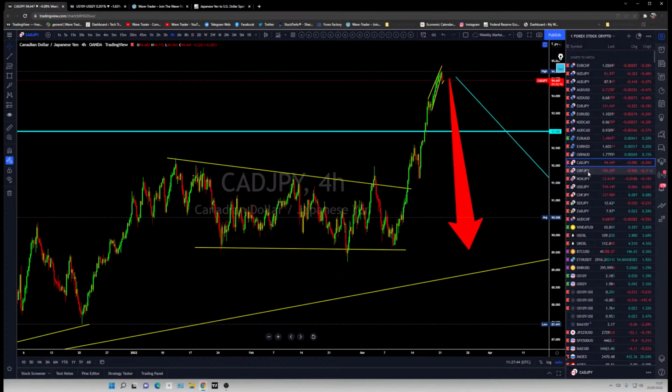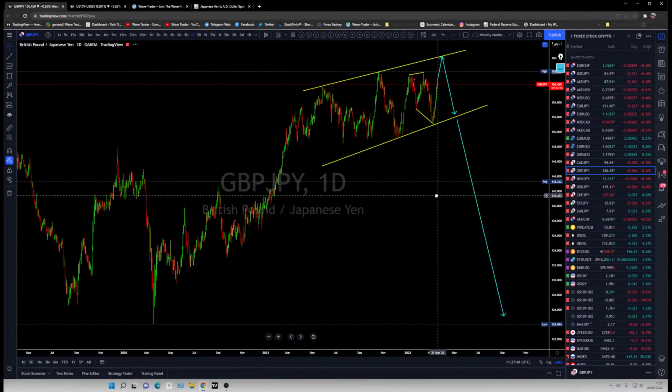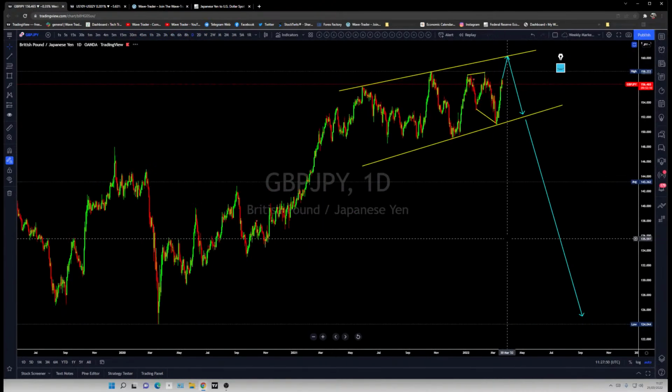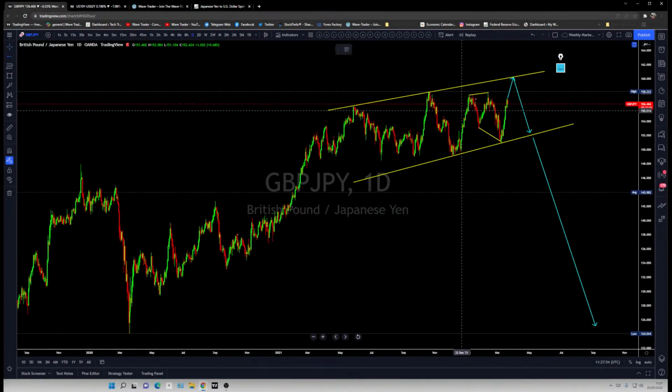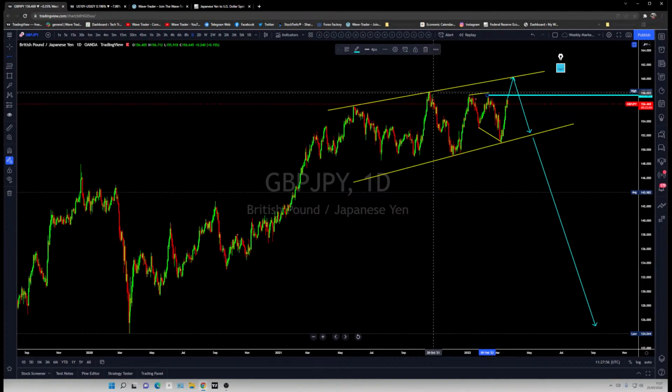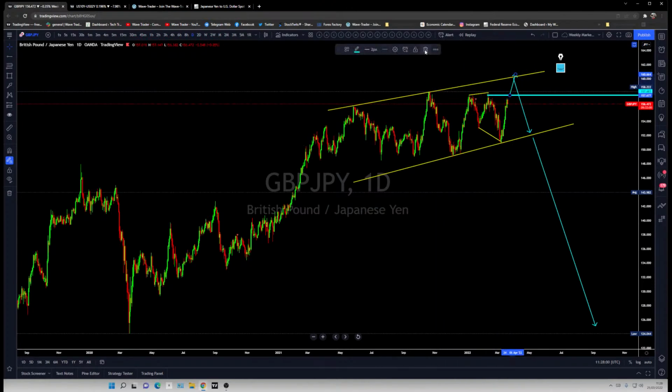All right, so pound yen, we have also similar scenario. Okay, there is possibility that the pound yen can slightly push more higher. I don't see right now that the pound yen is going to break out that previous top, but that risk exists over there when you are trying to get into the trade on the pound yen.